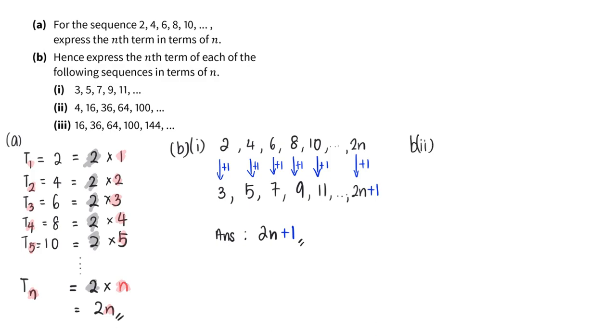And let's see how it changes from 2, 4, 6, 8, 10, where the nth term is 2n, to 4, 16, 36, 64, and 100. Because that will help us to find this nth term.